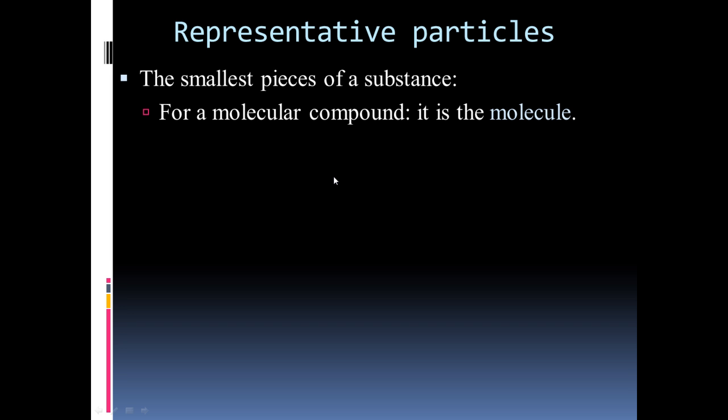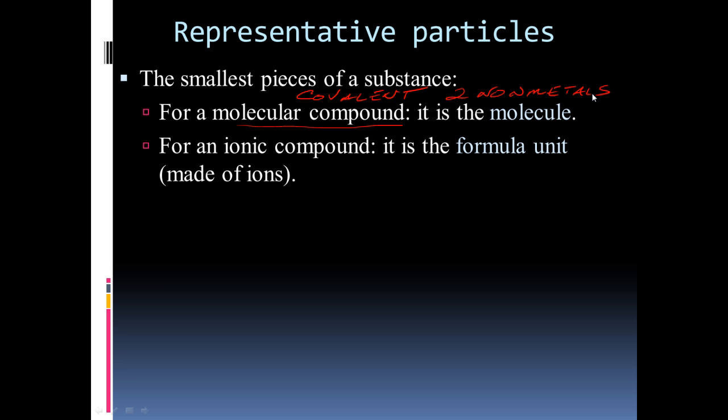Now we've talked about molecular compounds, and their smallest particle is called a molecule. Remember, molecular compounds are for covalent bonds, and covalent bonds are 2 or more non-metals. When we have ionic compounds, the smallest particle is called a formula unit.